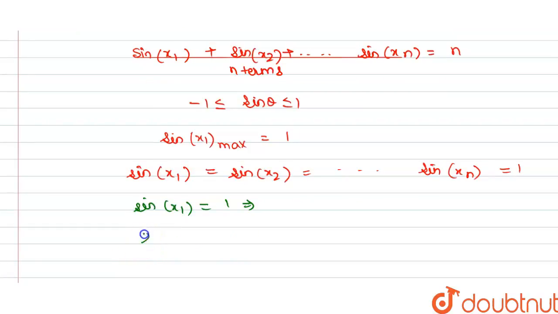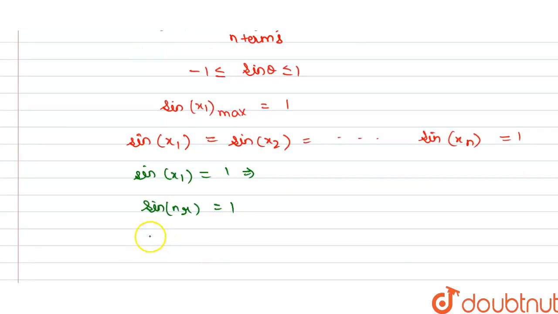This tends to x_r equals pi by 2, and then the summation of cot x_r from r equals 1 up to n is cot pi by 2.